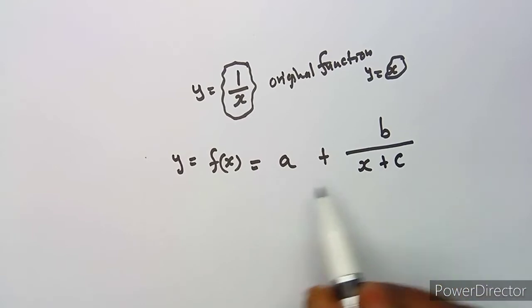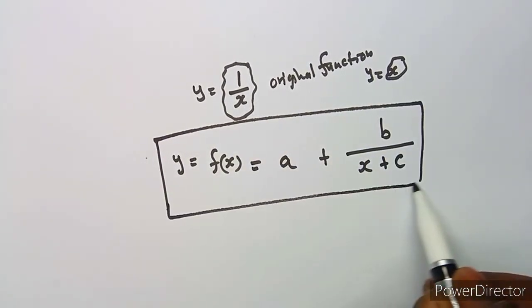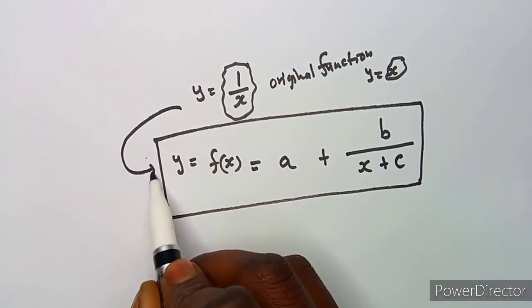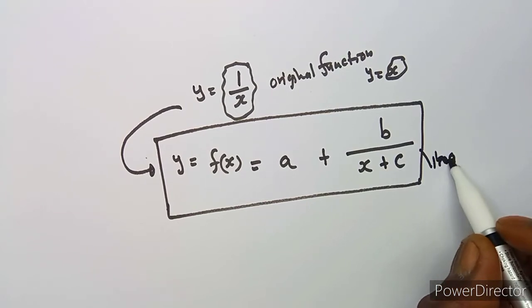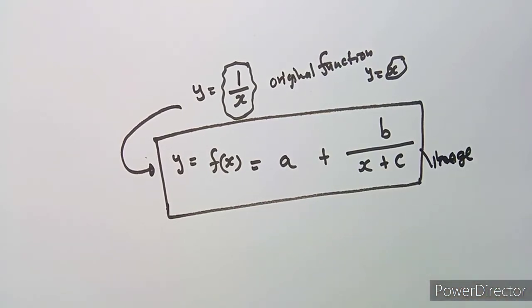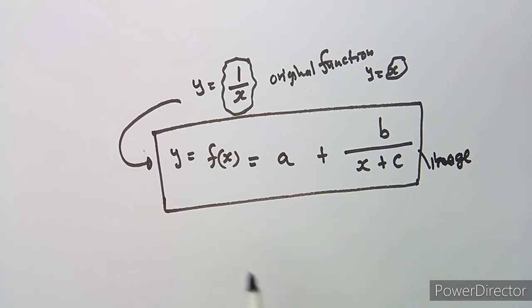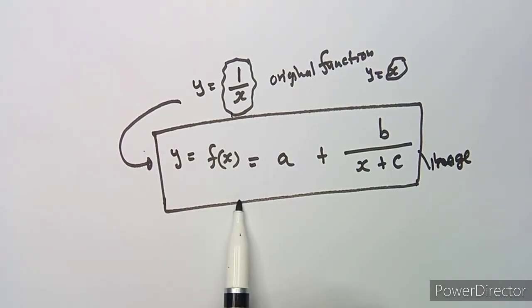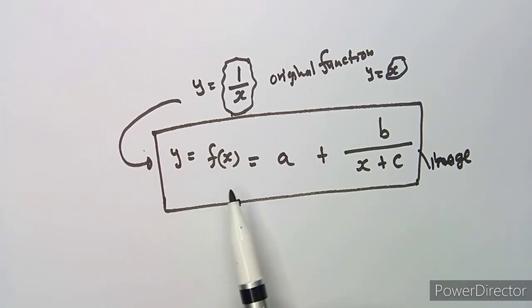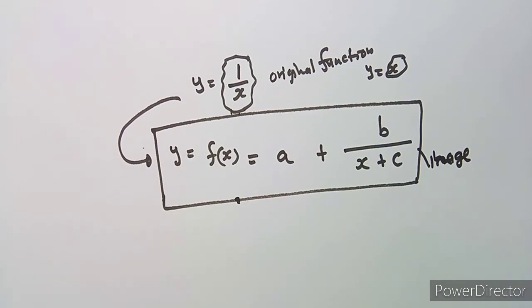Okay, let's say you have transformed this graph here into this graph. This is the original and this is the image line, your image function. The question is going to ask you now to describe the transformations which have occurred from this to this function, or which can be applied for us to have this function from this function. What are the transformations that have occurred?